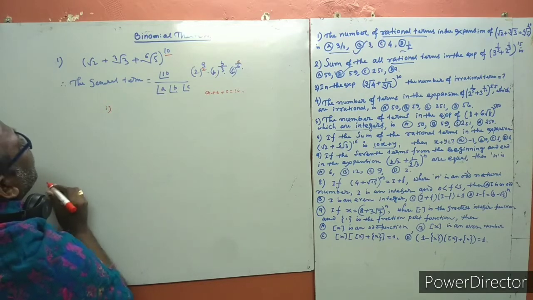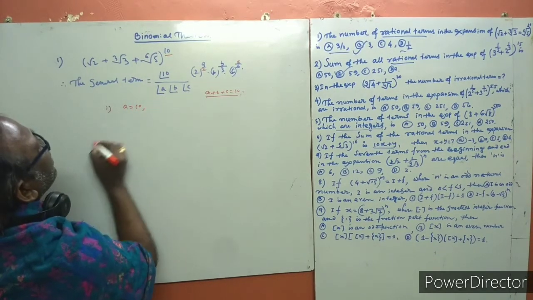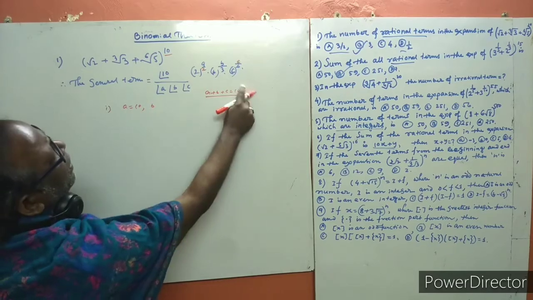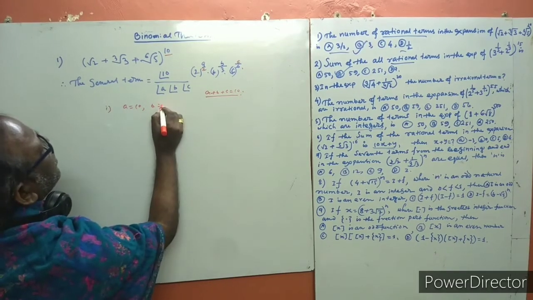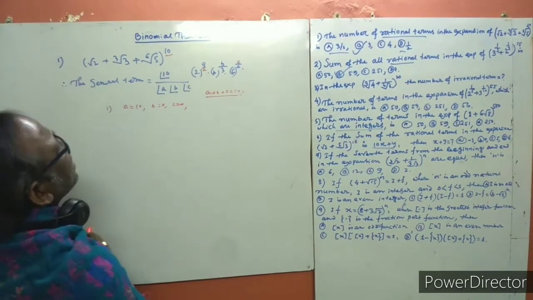See here, number 1: if we take A as 10, then the total sum is 10, so B is 0 and C also is 0. Okay, so this satisfies the condition.